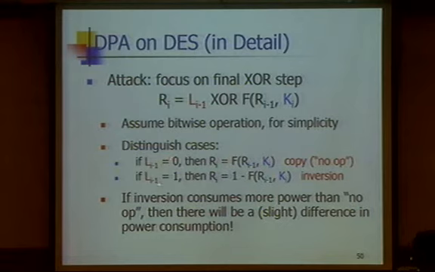But if Li-1 is equal to 1, then the inversion of this F function is copied to Ri. So there is a difference in power consumption between the case of Li-1 equal to 0 and the case of Li-1 equal to 1. By using this difference in power consumption, we can guess the whole secret key stored in the smart card.